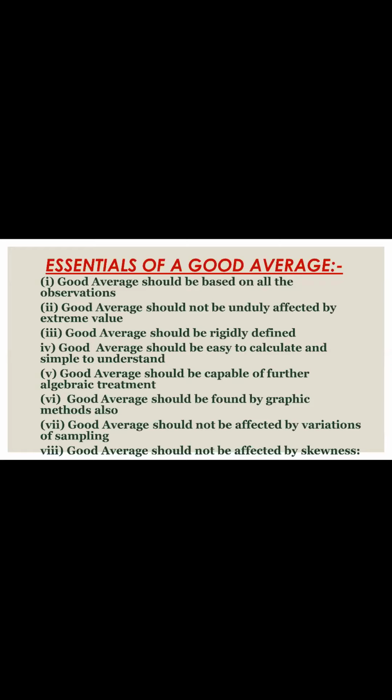Hence, it cannot be called a good average, as with only one new item added the mean value increases from 8 to 56. So a good average should not be unduly affected by extreme values. Thus, extreme terms may distort the average and reduce its usefulness.